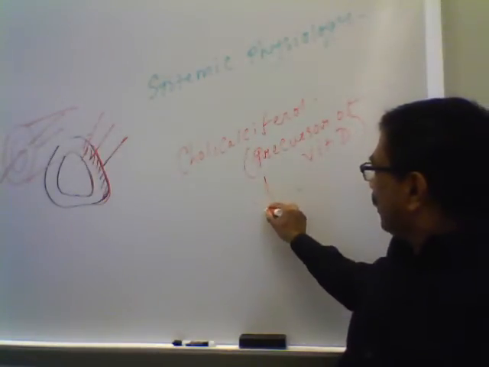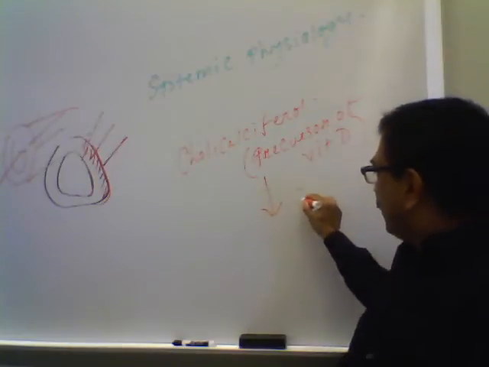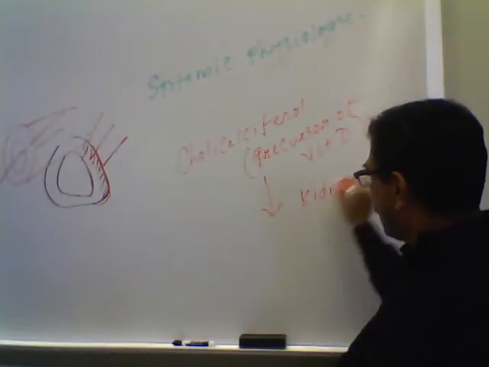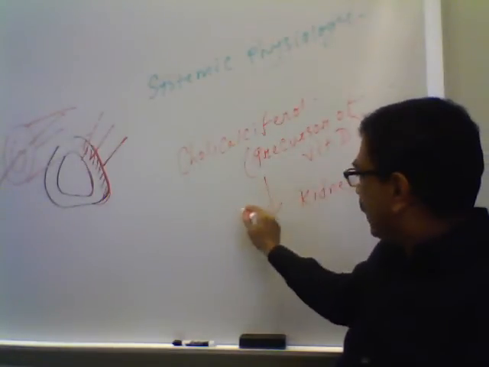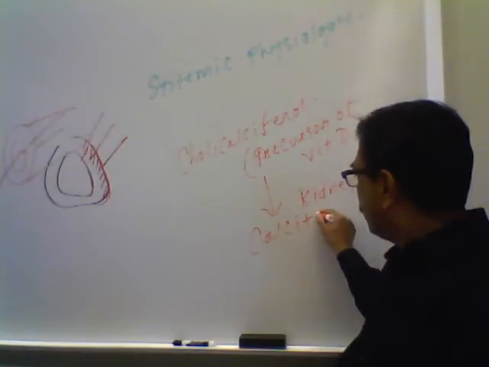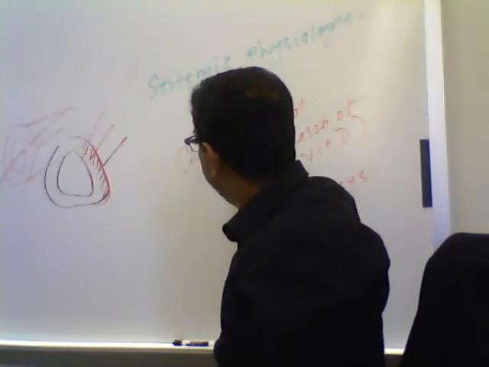Then the cholecalciferol goes to the kidneys, and inside the kidneys, cholecalciferol is converted to calcitriol. I don't know if you can see from there. Cholecalciferol is converted to what?